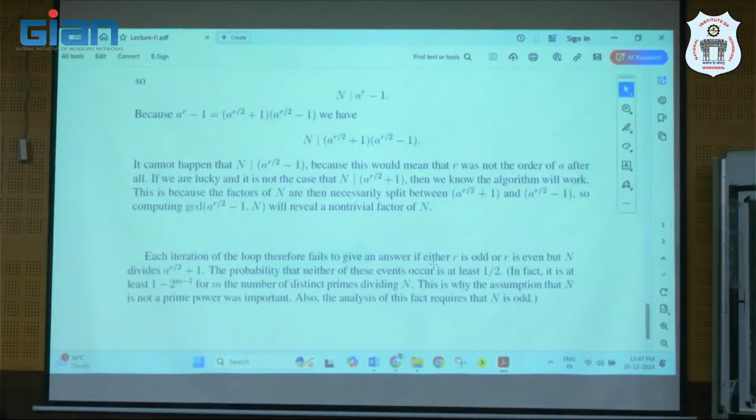Will it be a number between 0 and 1 always? Oh, sorry. It should be minus. I think it's a typo here. This is 2 to the power 1 minus m. Okay, I have to correct this.